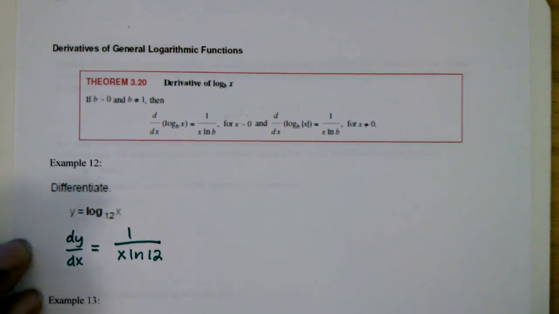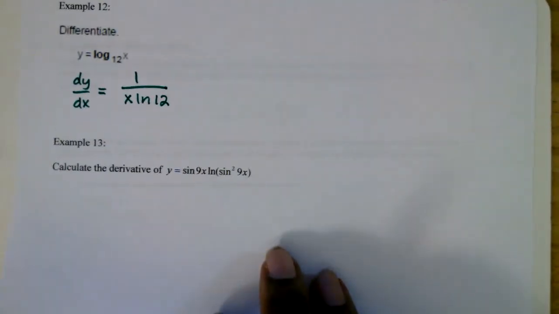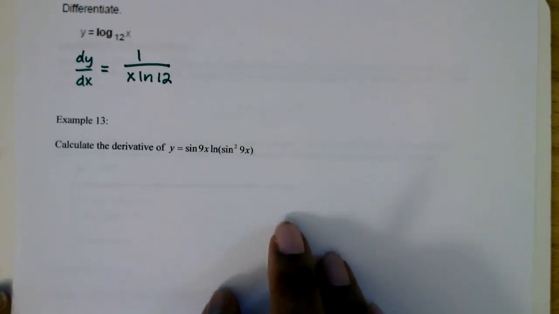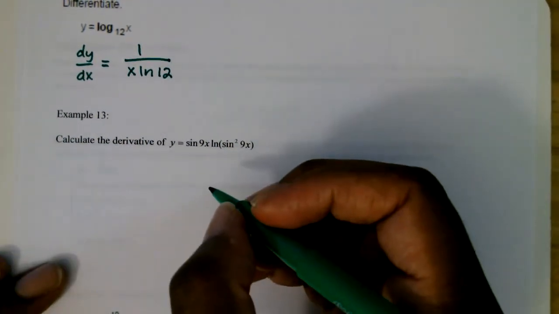All right, let's look at example 13. Let's say we had y is equal to sine of 9x times the natural log of sine of 9x, and that's squared, or sine squared of 9x. And here I want to calculate that derivative. And here we must use the product rule. We need to use the product rule here.